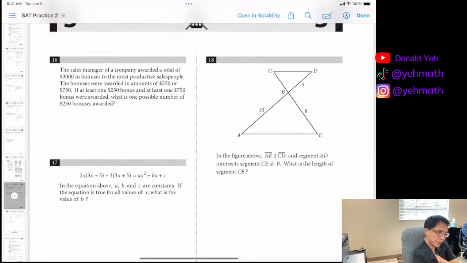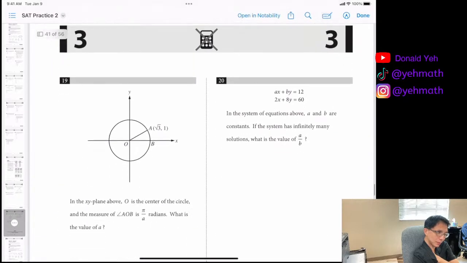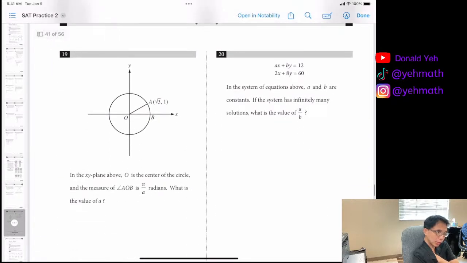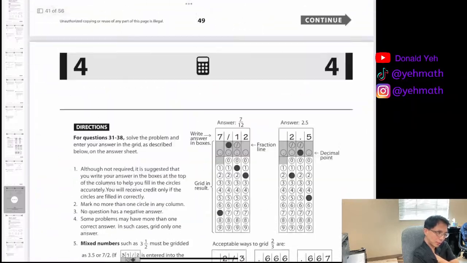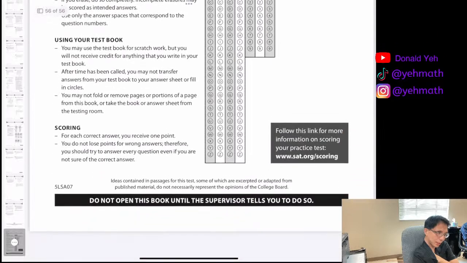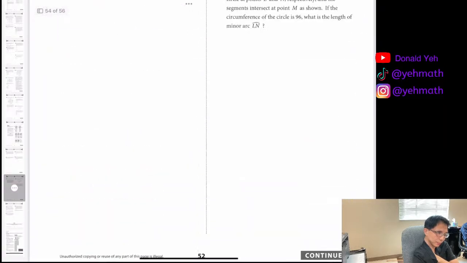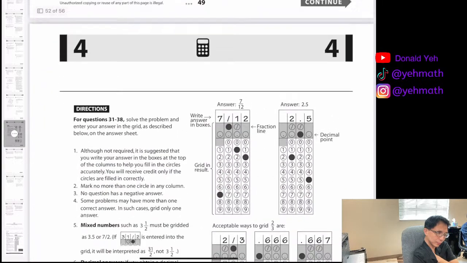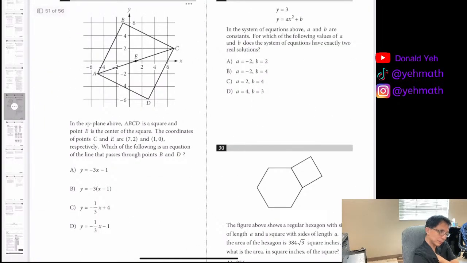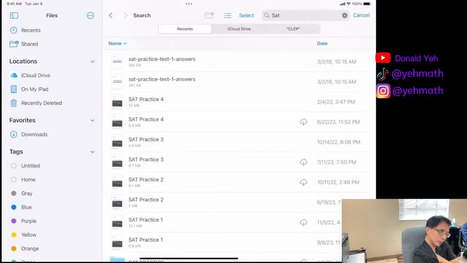Usually it's on the first section at the end. Maybe not, maybe the last section at the end. Nope. I can't find it.